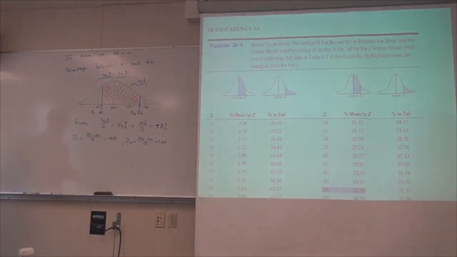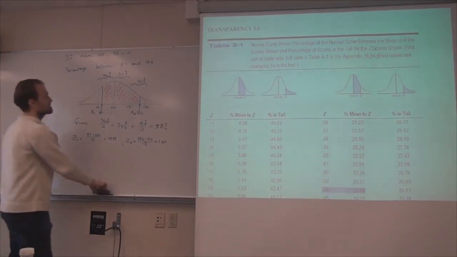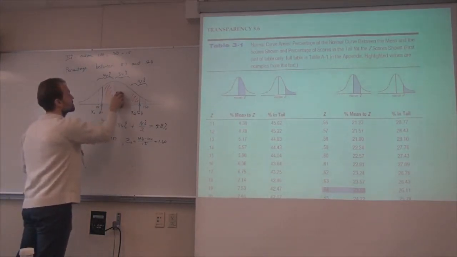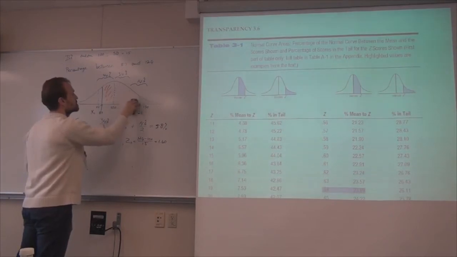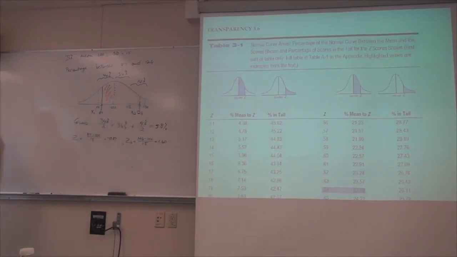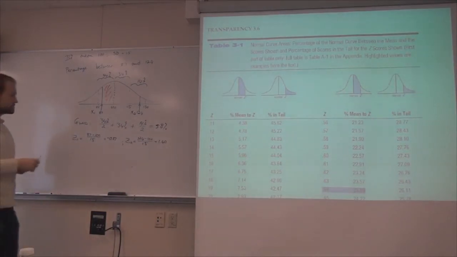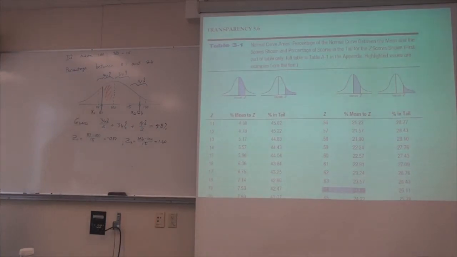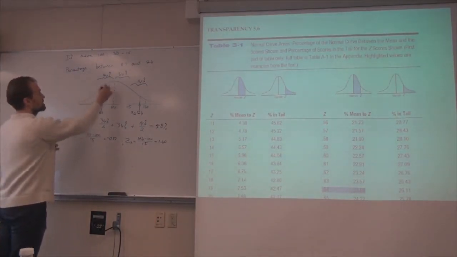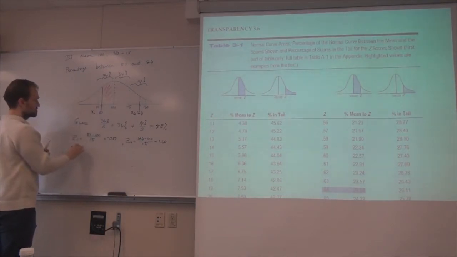1.60. Okay, so now I want to come up with a strategy for how I am going to use the table with this. Let me use another color. Purple, sure. I'm going to find the red percentage.